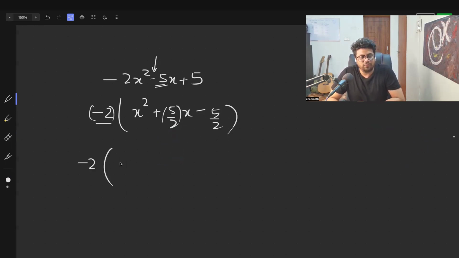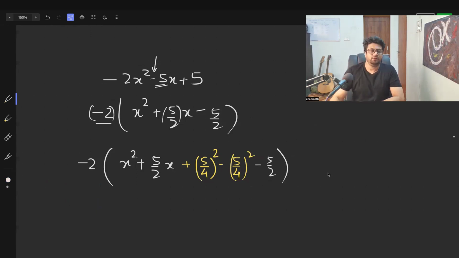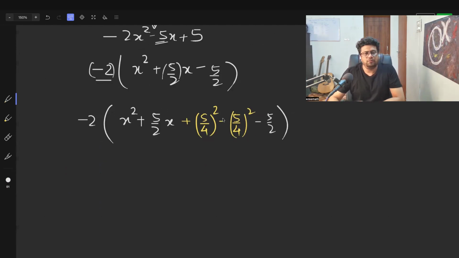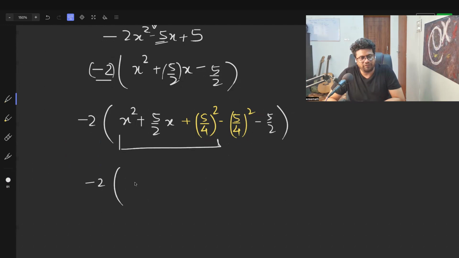What do you do next? Well, I look at the coefficient of x. It's a 5 by 2. I'm going to introduce again by myself two terms. One of them is going to be a 5 by 4 square, and the other one is a negative 5 by 4 square, and of course, a minus 5 by 2. What happens now is that these three are going to reduce to a perfect square, x plus 5 by 4 square.